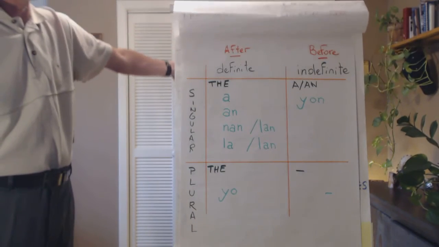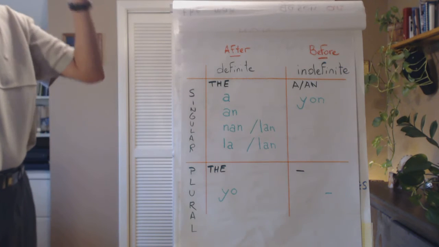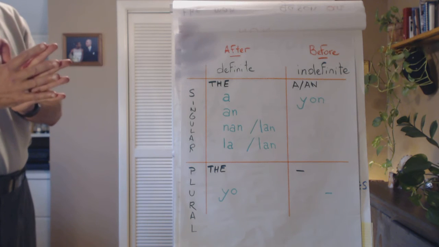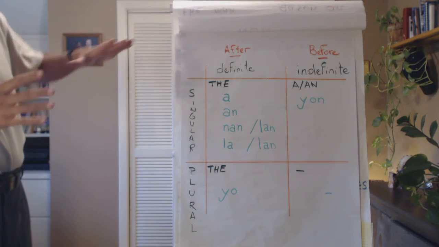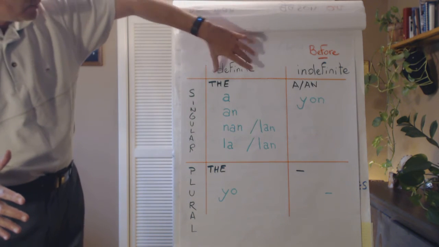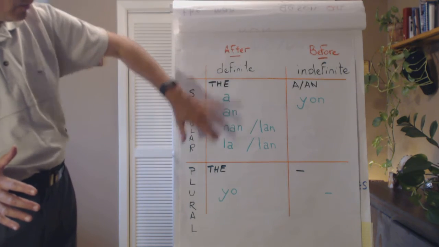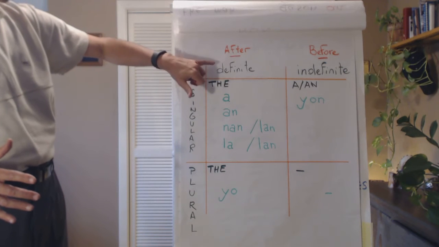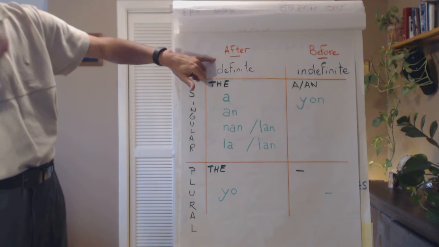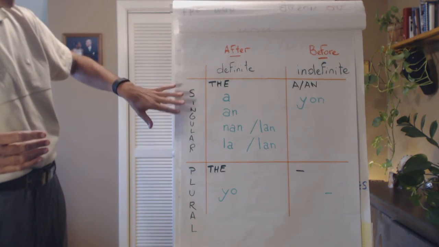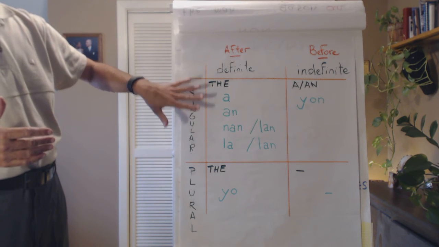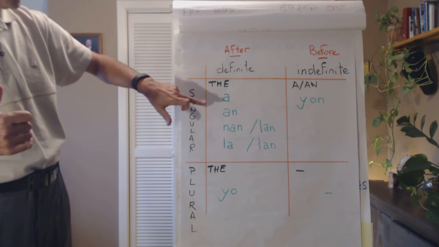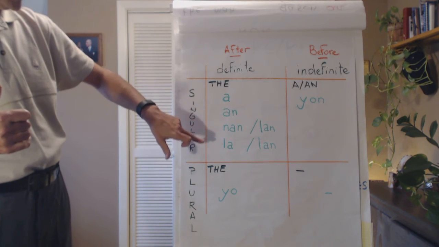So, what we have to keep in mind for the definite and indefinite article, it's kind of a matrix. So we have definite, in English it's "the", right? Definite, the article goes after the noun. If it's singular, we have 4 different situations, depending on the end of the noun. It can be a for a vowel, en, non, and la.